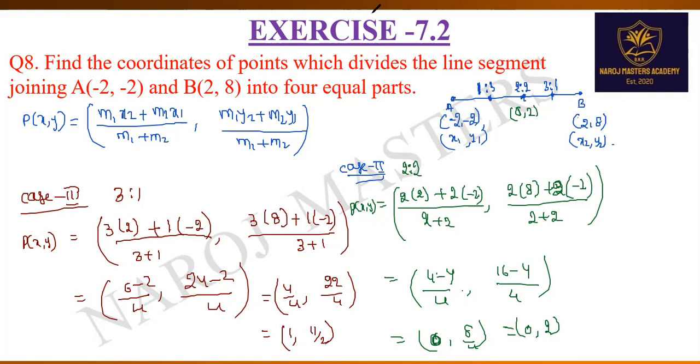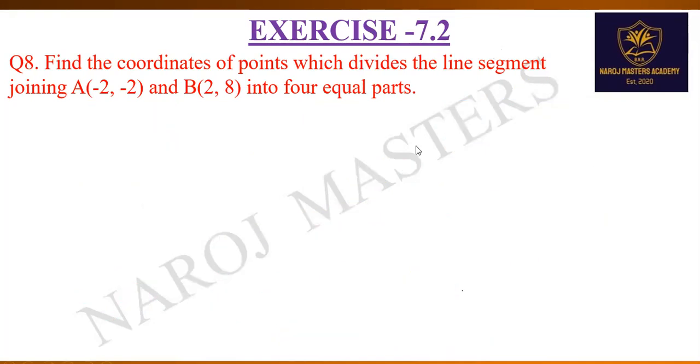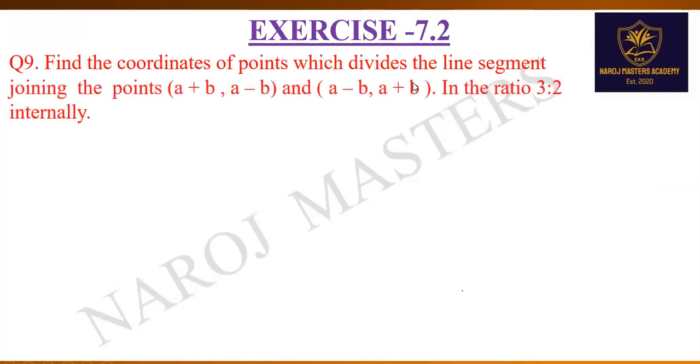Now look at the question number 9. Find the coordinates of points which divides the line segment joining the points a plus b comma a minus b and a minus b comma a plus b in the ratio 3:2. So this is x1, y1, x2, y2, m1, m2.